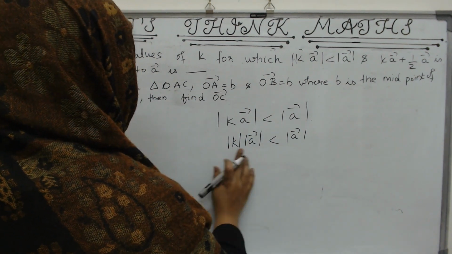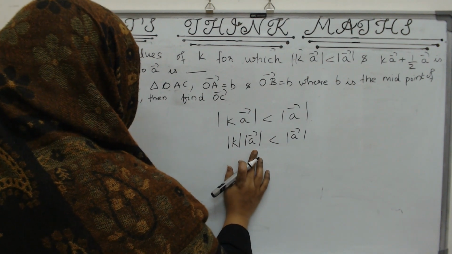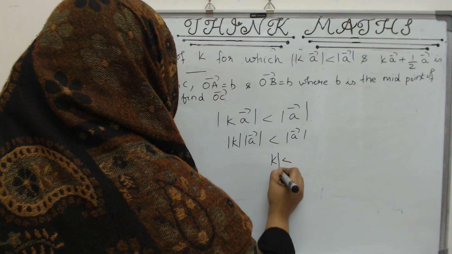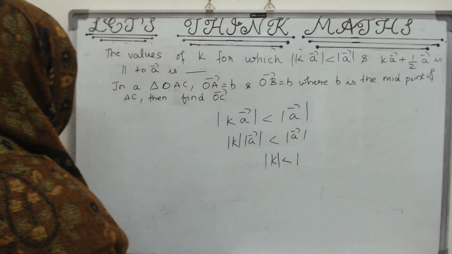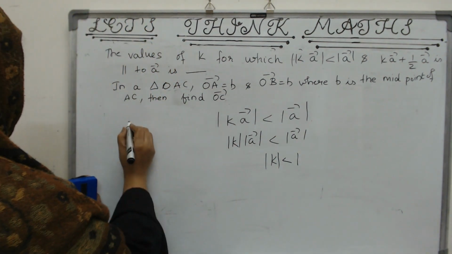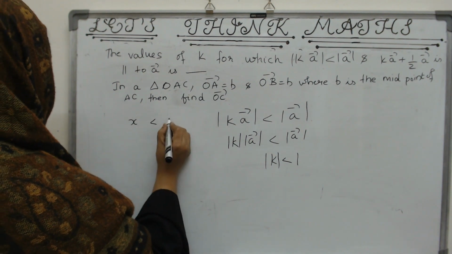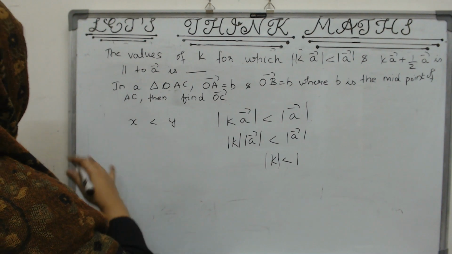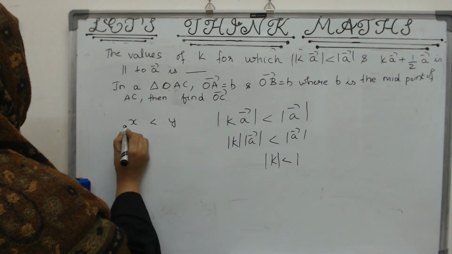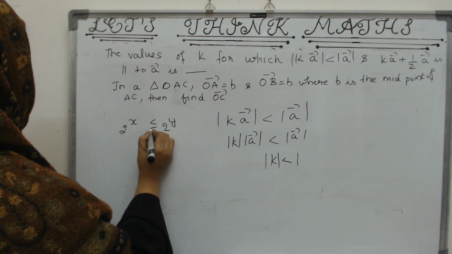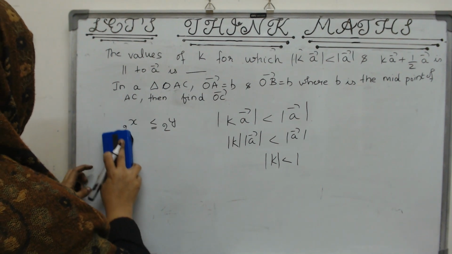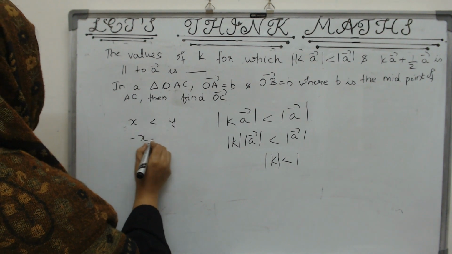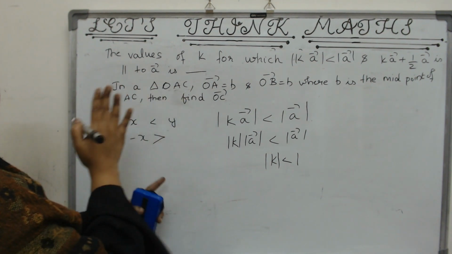Now dividing throughout with modulus of A, which is non-negative, the inequality remains as it is. Remember, that is also a very important point. If you have x less than y, and you multiply or divide both sides with a positive number, you will retain the inequality. But if you are multiplying with a negative number, your inequality will be reversed.